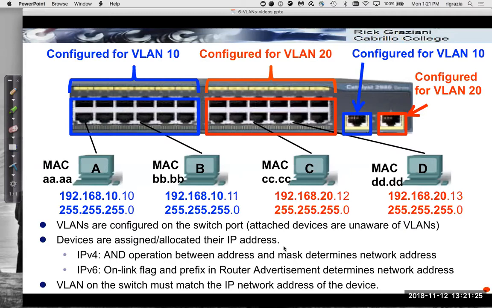And as I talked about in a previous video, IPv4 devices use the AND operation between their IPv4 address and subnet mask to determine what network they belong to. IPv6 devices use the on-link flag and prefix in the router advertisement, which tells them what prefix or network address they belong to.